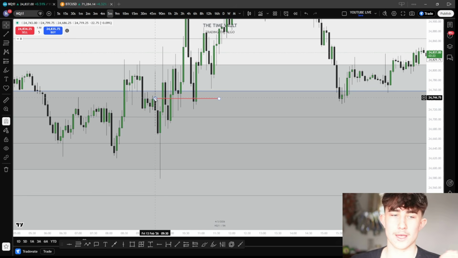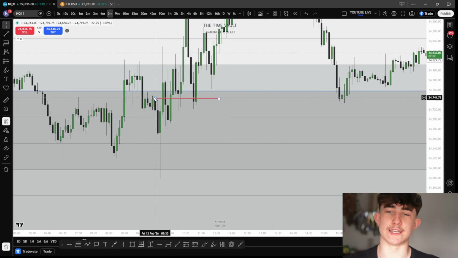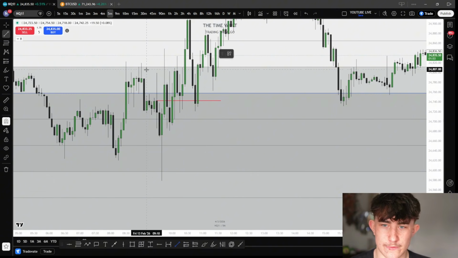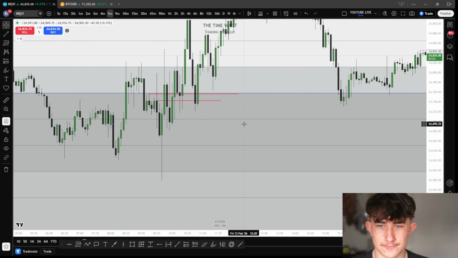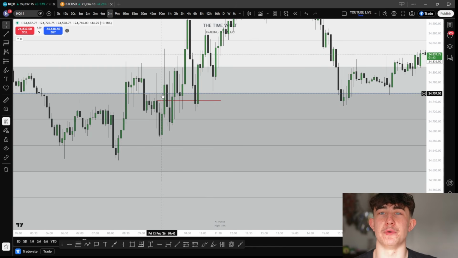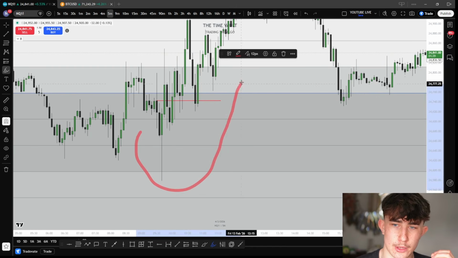What do you know? Your CSD is taking place before the 930 open. So you've been able to see this CSD take place before any other ICT trader, because a regular ICT trader needs these highs here to get closed above. Your CSD is taking place way before that, simply by utilizing these projections.